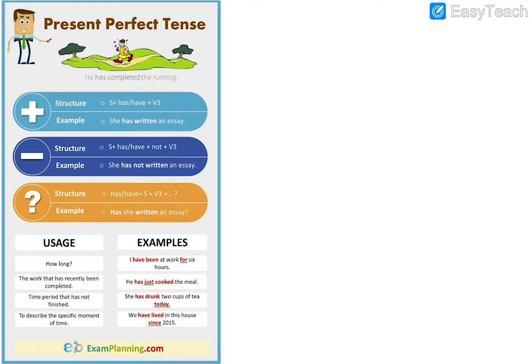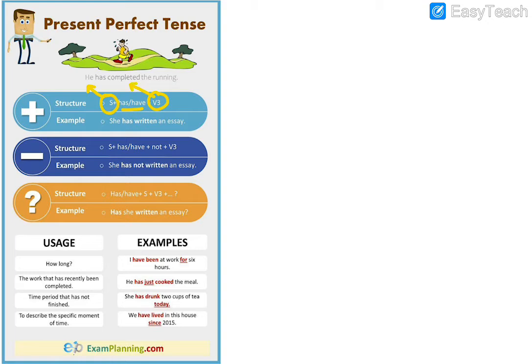So for today, present perfect tense. I will show you the basic structure first. S is for subject. And then you will need has or have and V3. V3 means verb.